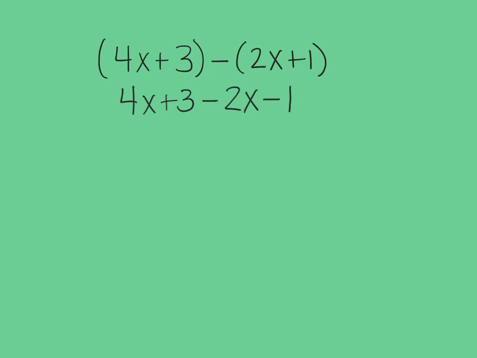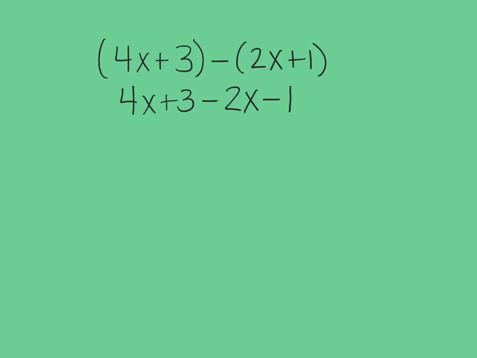You could put in a little positive there to make it a positive 1, but with positive numbers, we don't need the sign. It's only required if you have a negative number that you absolutely need the minus. But just to make it a little less confusing, having less symbols, with the positives, I'm just going to leave this little positive out. I have minus positive 1, minus positive 1.